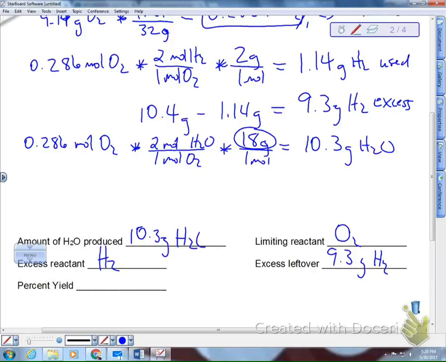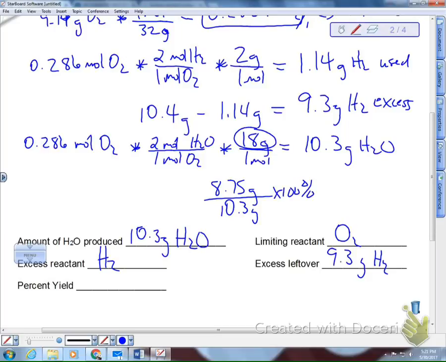And then our percent yield, go ahead and hit pause and see if you can calculate the percent yield. That calculation is pretty simple. 8.75 grams was given in the problem statement in the last sentence, and we just found out theoretical is 10.3.